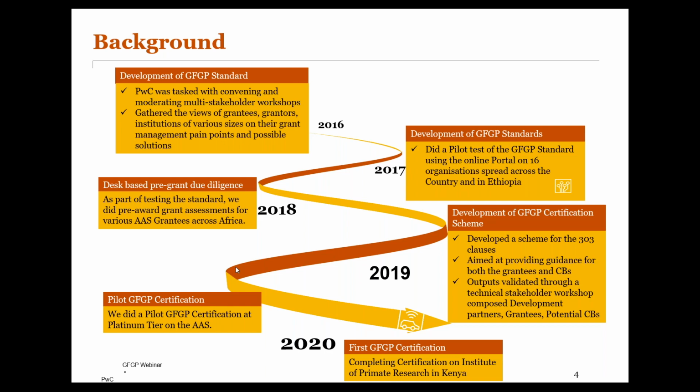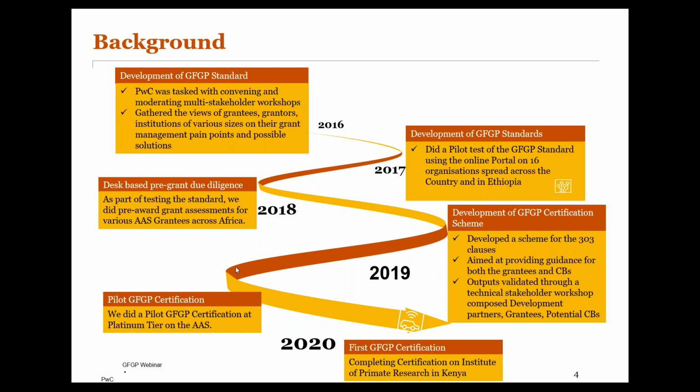So in a workshop that was arranged, with PwC being asked to moderate that session, we came with a blank sheet of paper and went through the pain points of the various partners who work in the development sector. And during that process, it led to the first step in the development of the GFGP standard. So the GFGP standard was developed and it went through some field testings.